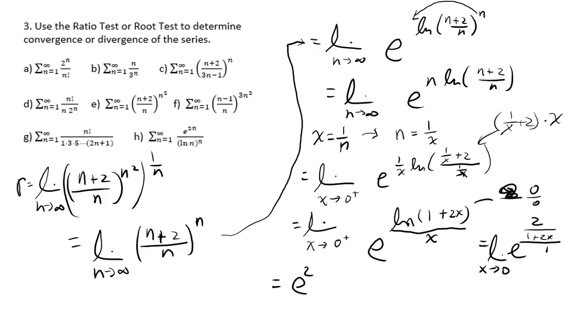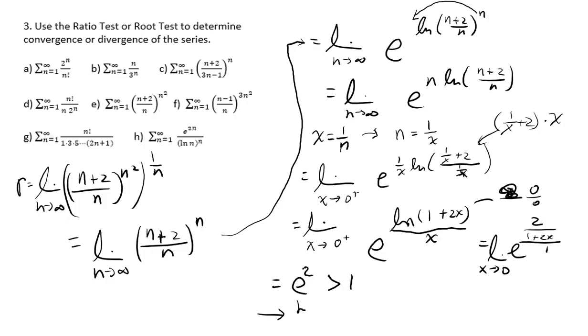Oh, that was a lot of work, but this is actually much better than trying to do this using the ratio test. If you try the ratio test, you're going to see that it's not going to give you any result. Alright, so you have e squared. e is like 2.7, so if you square it, it's even bigger, so that's definitely bigger than 1. So what does that mean?